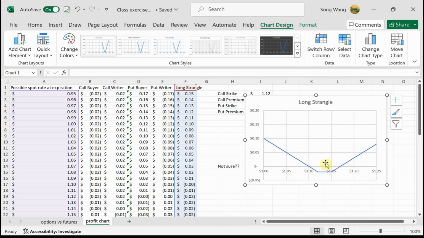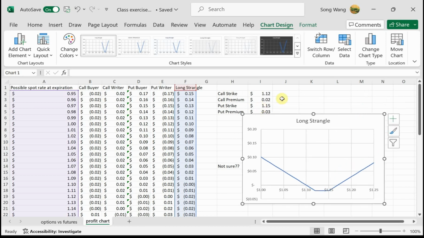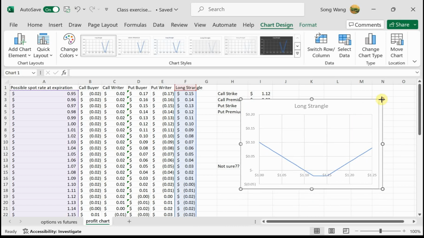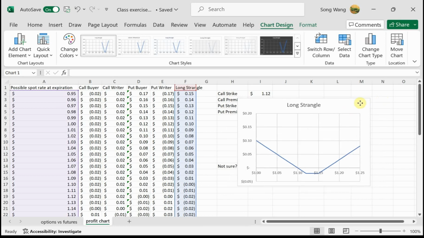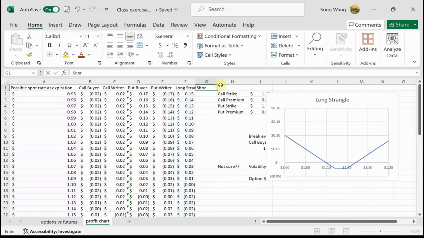If the price is quite stable between these 2 points, which are actually the two strike prices, the put strike and the call strike, then you will be at your lowest, and that's the summation of the two premiums you pay. So if you think the price is going to be stable, then you would just short a strangle.